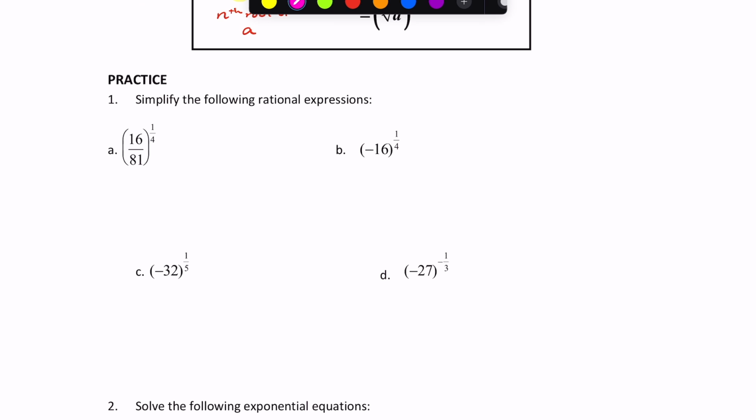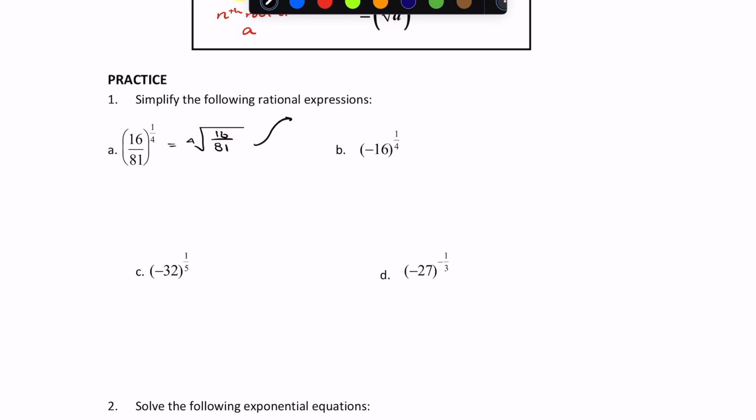So here it tells us to simplify the following rational expressions. Here we have 16 over 81 to the power of 1 over 4. We can rewrite this as the fourth root of 16 over 81.